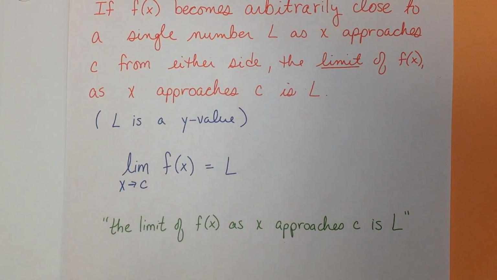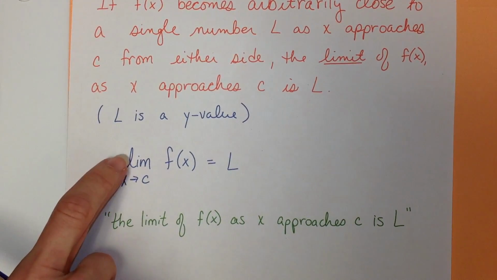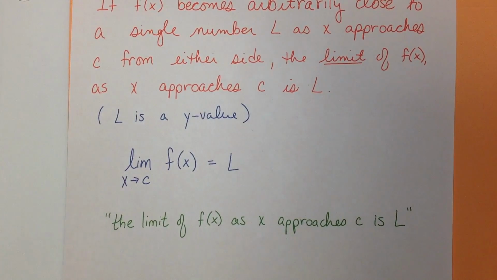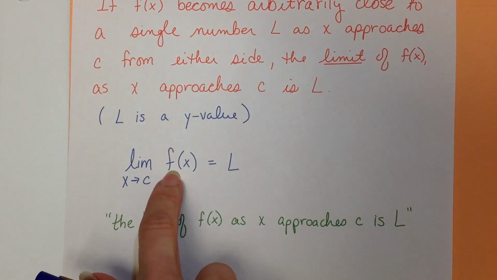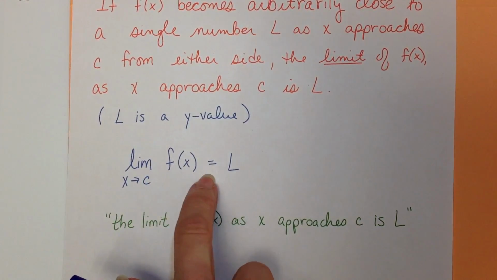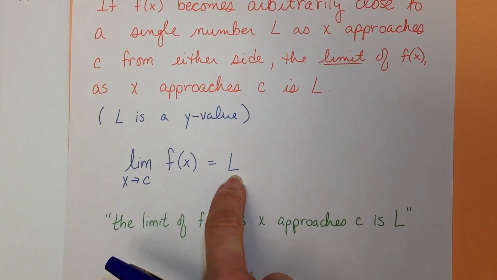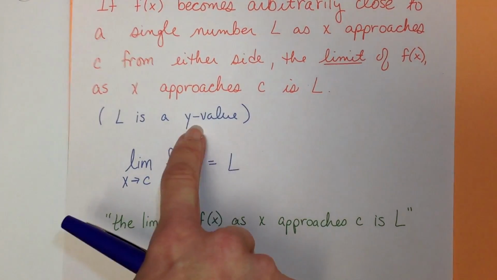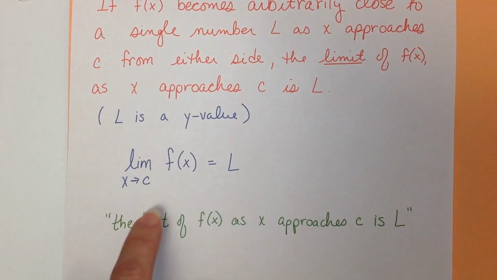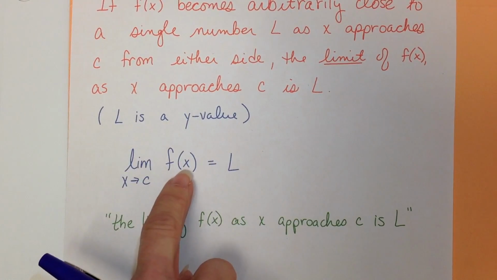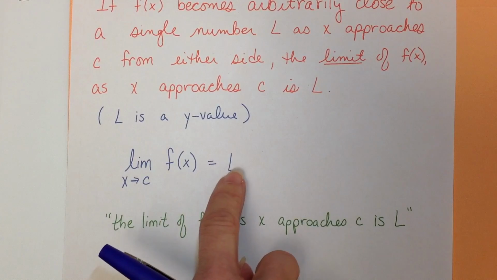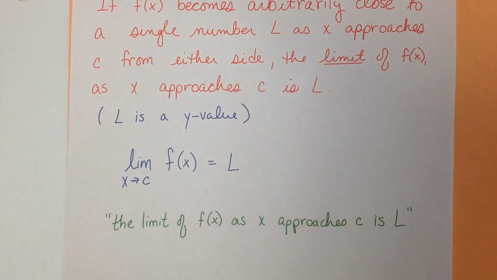So like if you're writing this on lined notebook paper, this is all written in one line, so you kind of write it small, and then you write your function beside it, and then you tell what the limit is. Now remember, your limit, your L, is always going to be a y value. So when you're calculating this, remember, it's always equal to a y value. They're just using the uppercase L to represent this y value.